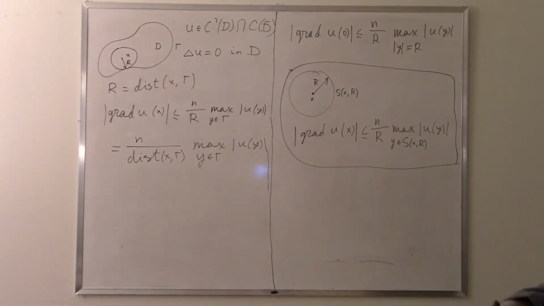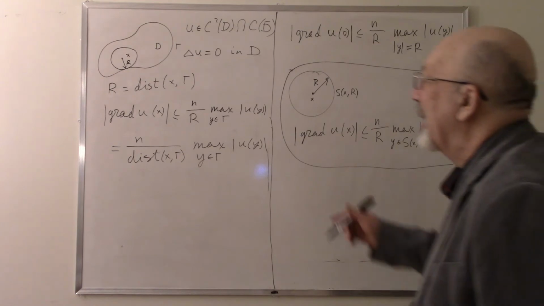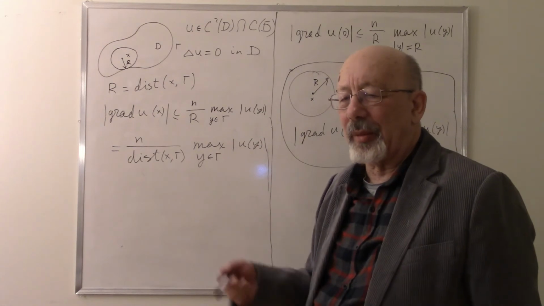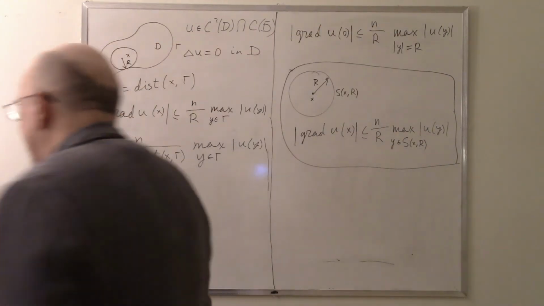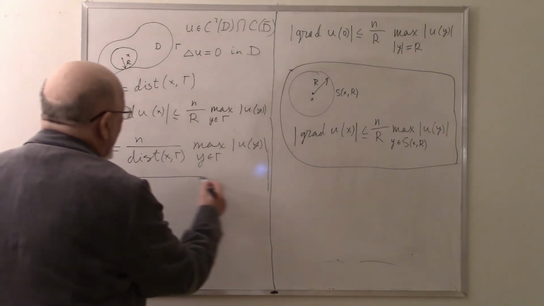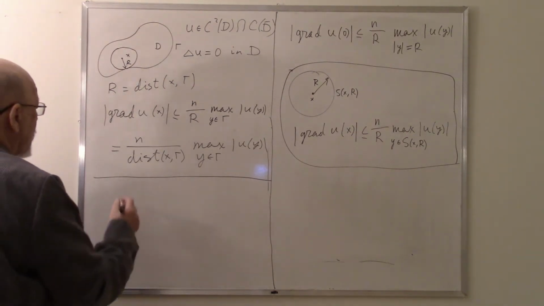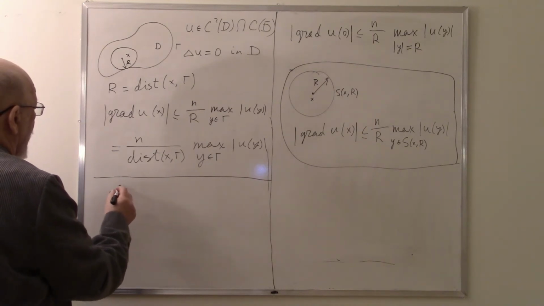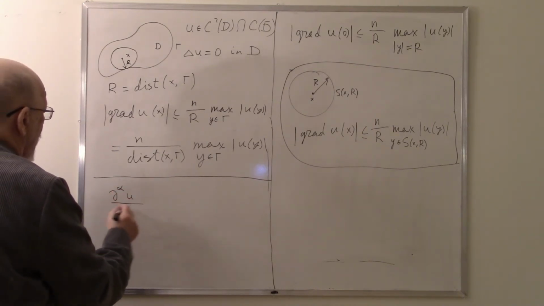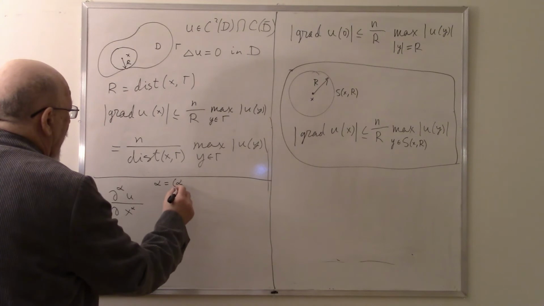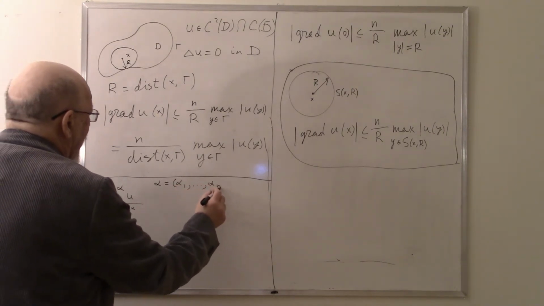A similar estimate we have for higher derivatives. If you differentiate this function more and more times, then we have an estimate of the following form. Let me take the partial derivative of u with respect to x to the alpha, where alpha equals (alpha 1, ..., alpha n).